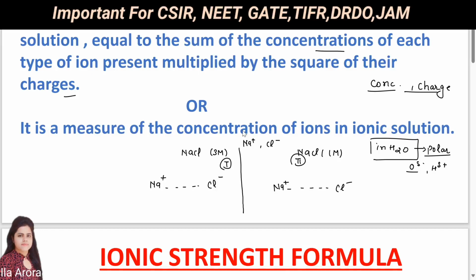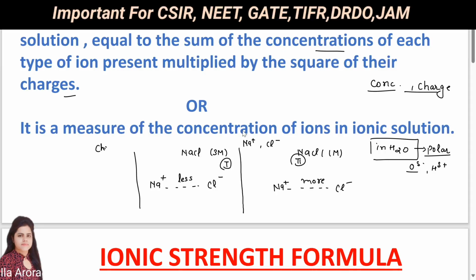When you increase the concentration like 1 to 3, the interionic distance will be less, and the interionic interaction will be different, because the ionic atmosphere around these two ions will be very different when you are changing the concentration. Here the distance will be more and the behavior of these two ions towards each other will be different. This was the part of concentration.